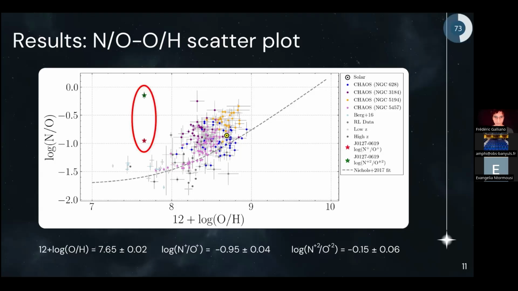So if we focus on those 2 stars, these mark our galaxy's abundances using different ions. As we have denoted in the legend of this plot, we have the nitrogen 2 and oxygen 2 ratio, and the nitrogen 3 and oxygen 3 ratio.